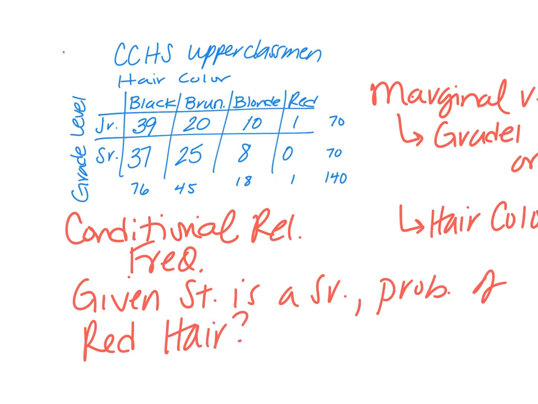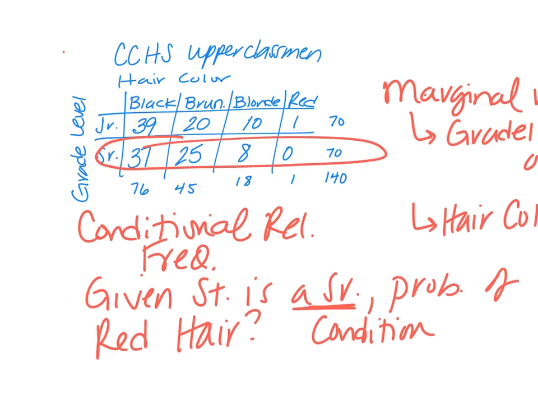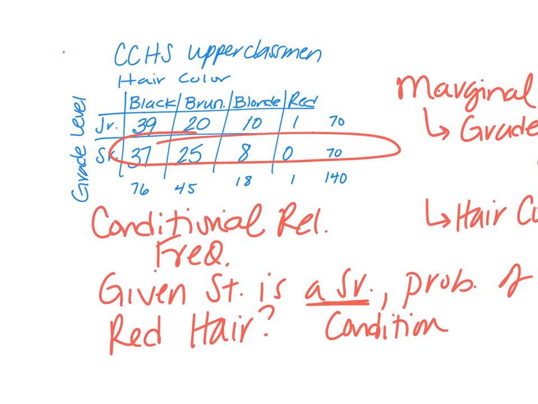Okay, so given that the student is a senior, this is my condition. Meaning I'm only going to look at the students who are seniors. I'm only focused on those 70 students. Then of those 70 students, what's the probability that someone has red hair? So that would be 0 out of my 70 students.